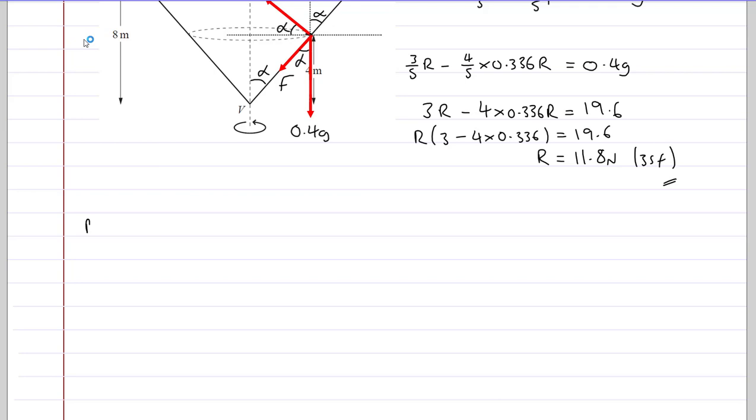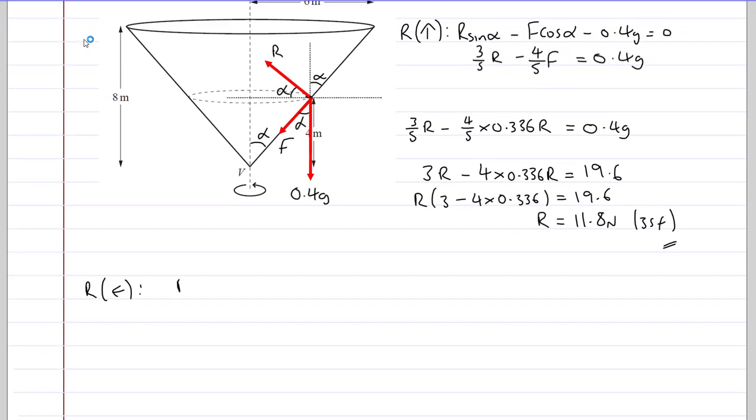Now I'll resolve horizontally. I've got R cos alpha plus F sine alpha. That's different to last time. And instead of mv squared over r this time, I'm going to use the other version with angular velocity, which is m r omega squared. So 0.4 times 3 times omega squared.